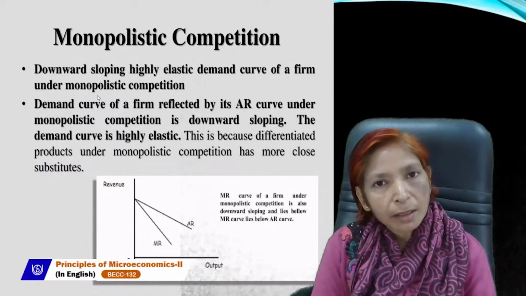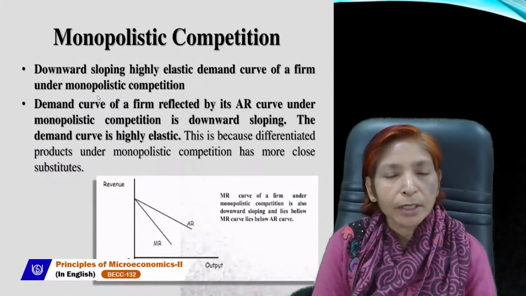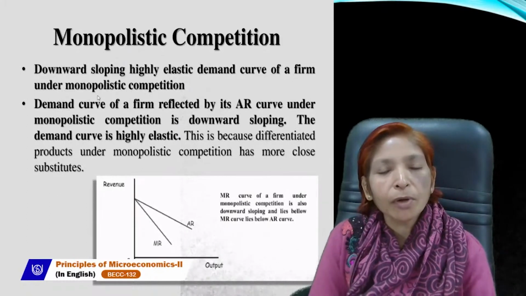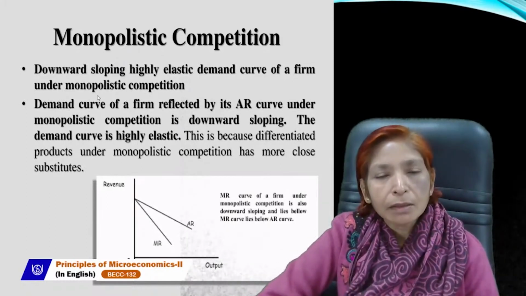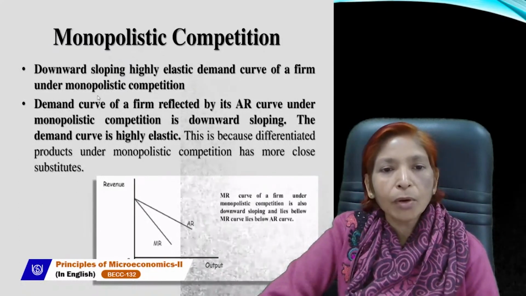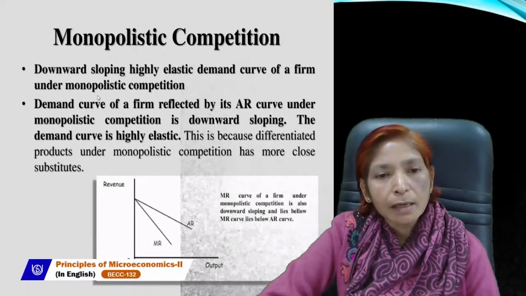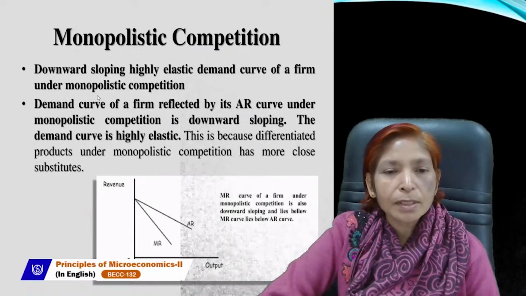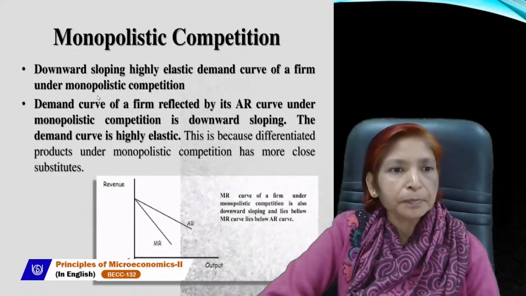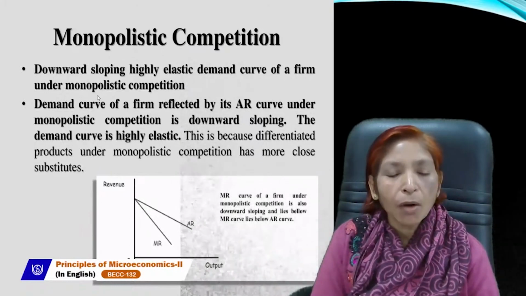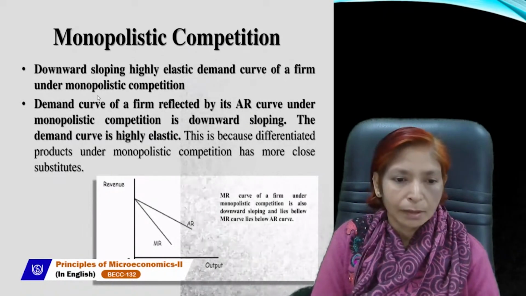And in a monopoly market, because no close substitutes are available, the demand curve is always downward sloping, because a monopoly market is a price maker and always determines a higher price, and a monopoly firm can sell more goods at lower price and fewer goods at higher price. So the monopolistic competition market also has a downward sloping curve.